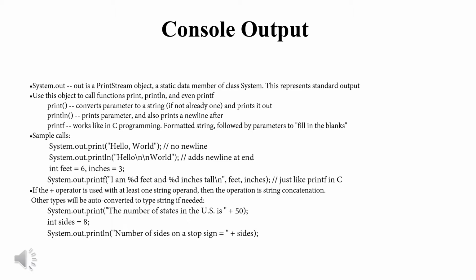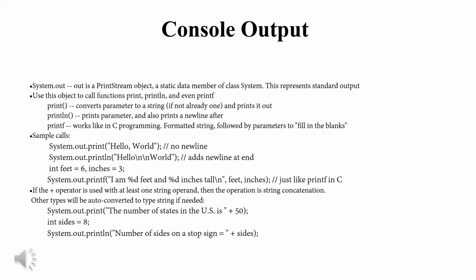You also can use plus operator when you want to print something. But you need to know that this plus operator can work differently. For example, if you use plus operator and after that you write down a string, this plus operator works like concatenation.